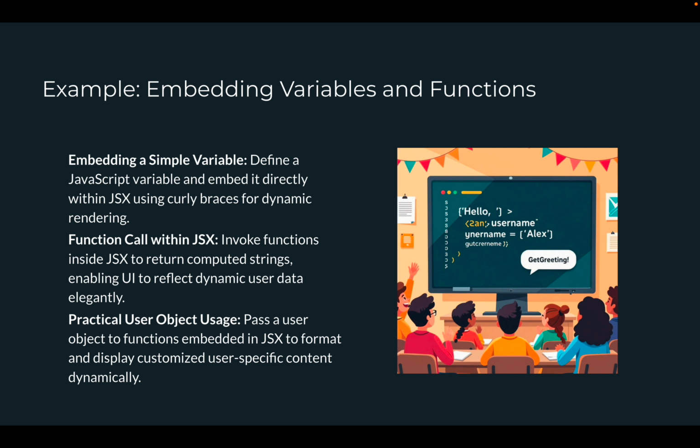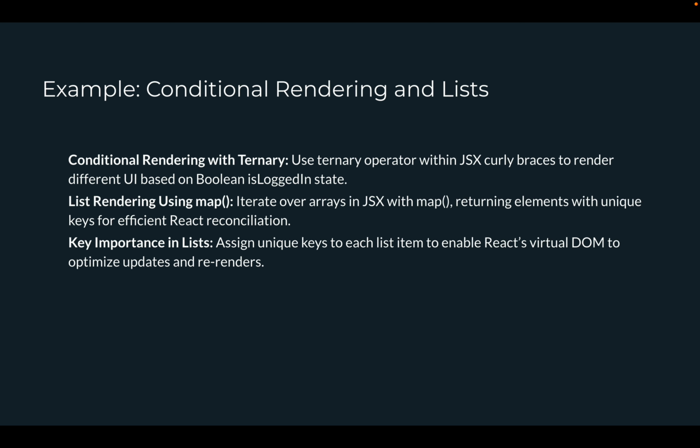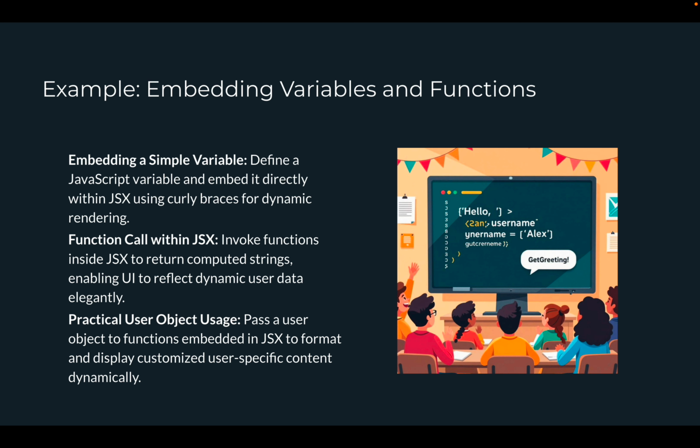Then practical user object usage: pass a user object to a function embedded in JSX to format and display customized user-specific content dynamically. And in upcoming videos we will also see the practical in VS Code.